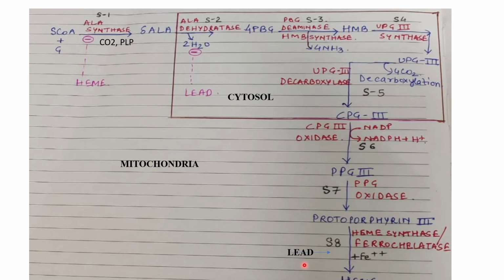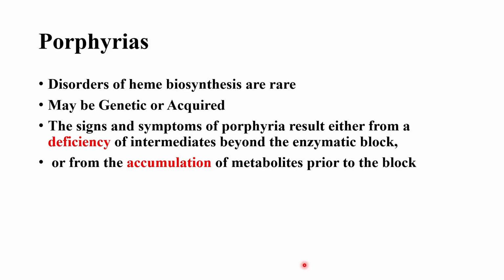So now you should know the different porphyrias. Porphyrias means the disorders of the enzymes related with heme synthesis. So in this, disorders of heme biosynthesis are rare, may be genetic or acquired.